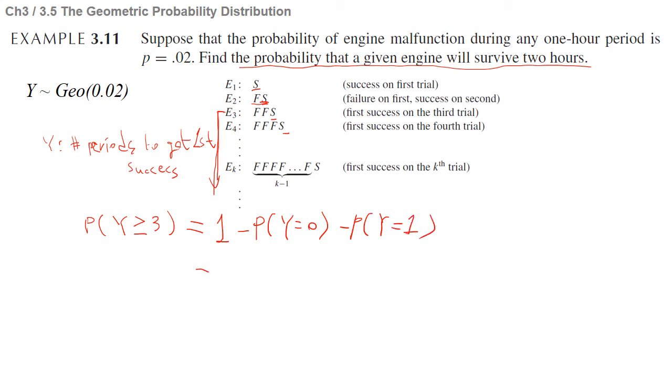From the definition of the geometric distribution, the probability of Y equals 0 is the probability of success the first time, which is 0.02, and the probability of Y equals 1 is failing the first time and succeeding the second time. After calculating these numbers, you get the solution for this problem.